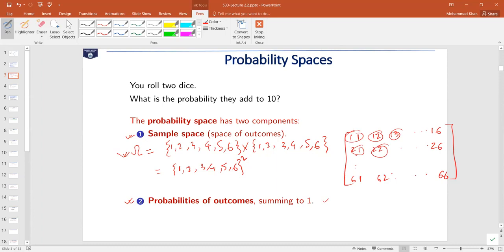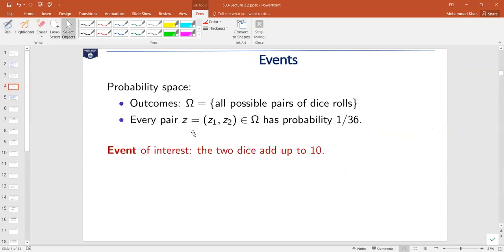That means probability is 1 that we'll see at least any one of them. So the sample space contains all the outcomes that we can expect. So we represent the probability space using sigma, all possible pairs of the dice rolls.